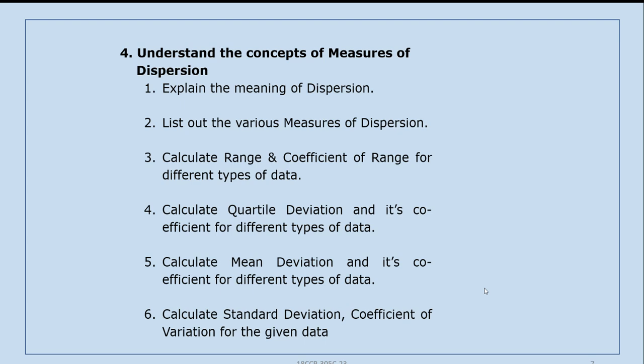Though all these measures of dispersion are important and useful, standard deviation is more important and useful, as this concept is also used for further studies in statistics, and is almost the basic measure of dispersion which is used for statistical analysis.